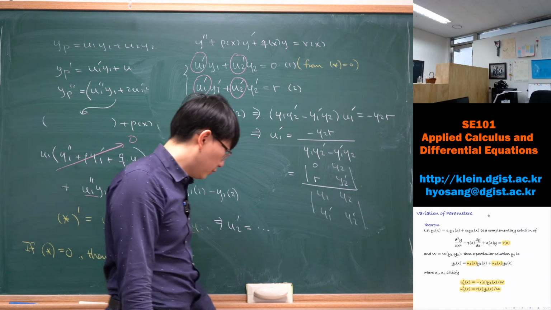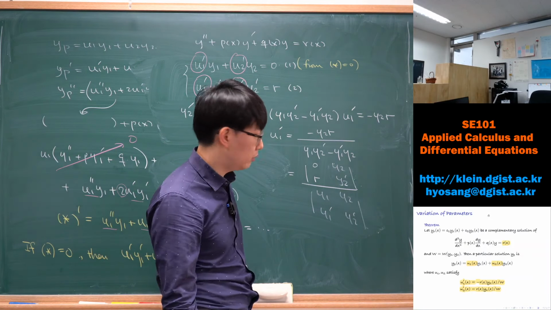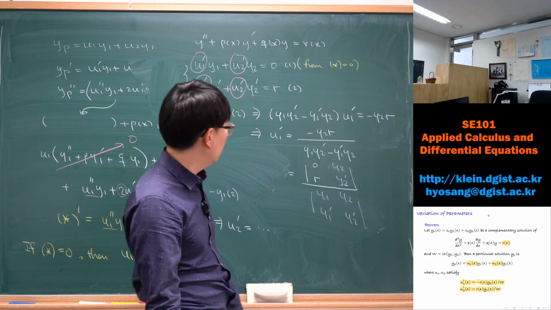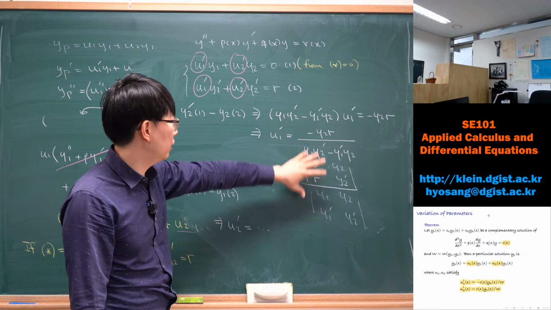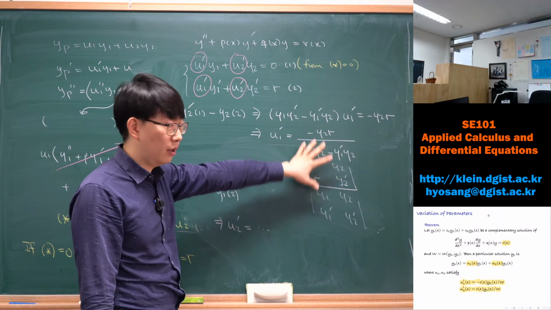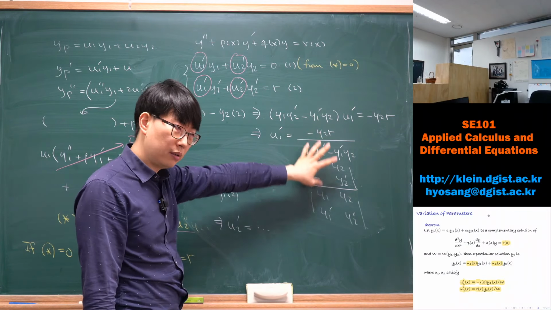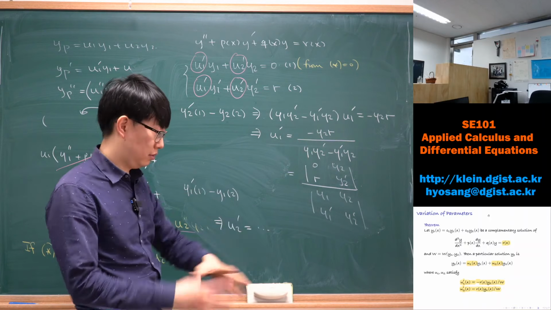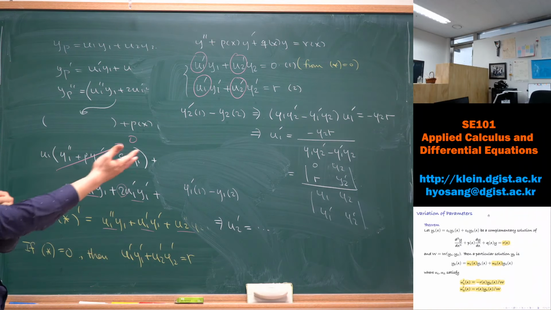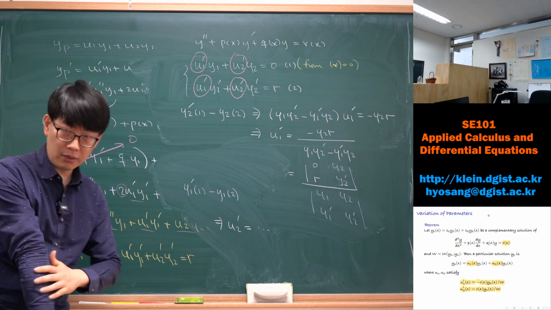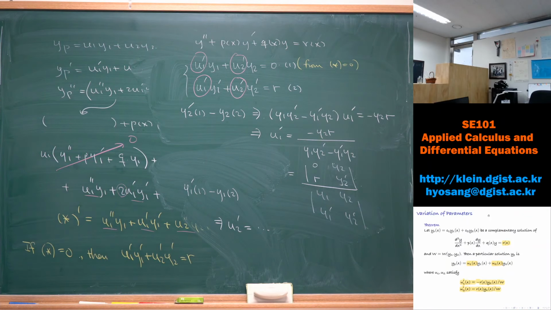Later, if you move on to linear algebra next year, you will learn that this method is actually a particular example of Cramer's rule, that you can solve your system of equations using the determinants of n by n matrices.